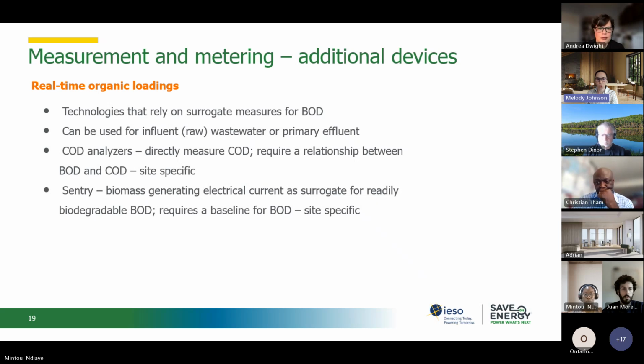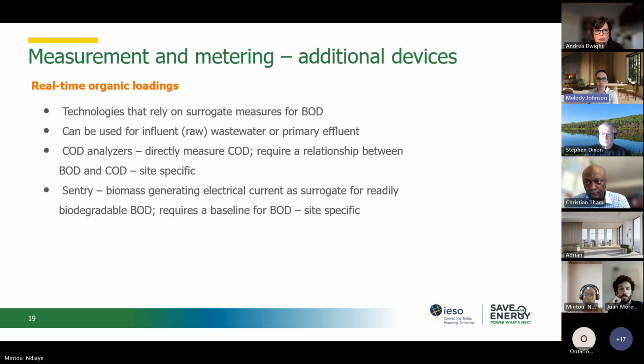Some facilities have started using chemical oxygen demand analyzers, online analyzers that directly measure the COD of the influent wastewater. To use these, you need to develop a relationship between the BOD and COD of the wastewater coming to your facility, but they can give you a heads up if there's an increase in influent loadings that perhaps you weren't anticipating, or have feed forward control of your aeration system.